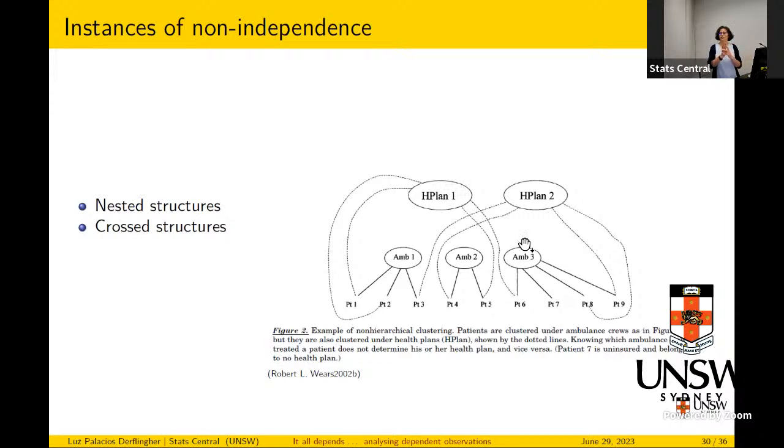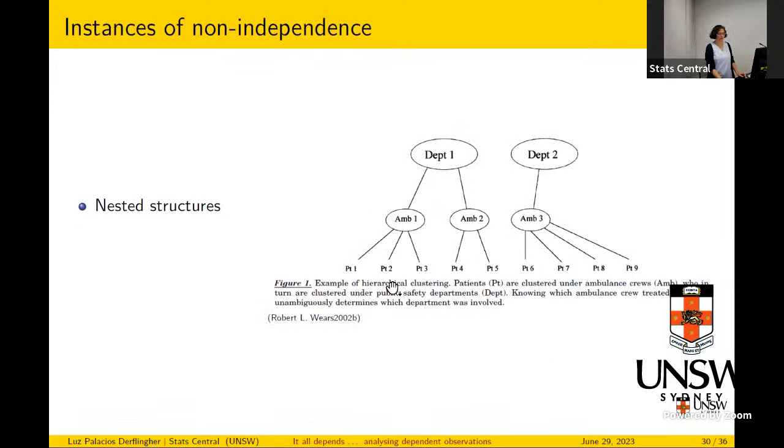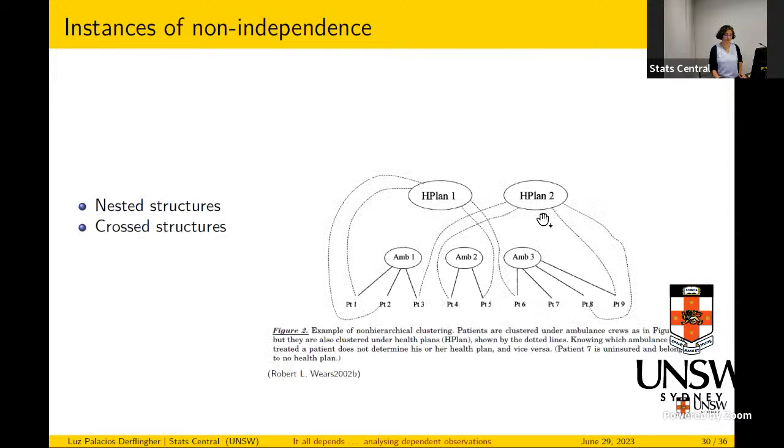So then it's a mixture. In the previous one, all these three belong to this one and did not belong to any other group. The same ambulance belonged to this department, but did not belong to another group. Whereas in this example of cross structures, yes, they belong to this one, but some of these patients belong to one health plan, but others belong to another health plan. So it's crossed among all of them.